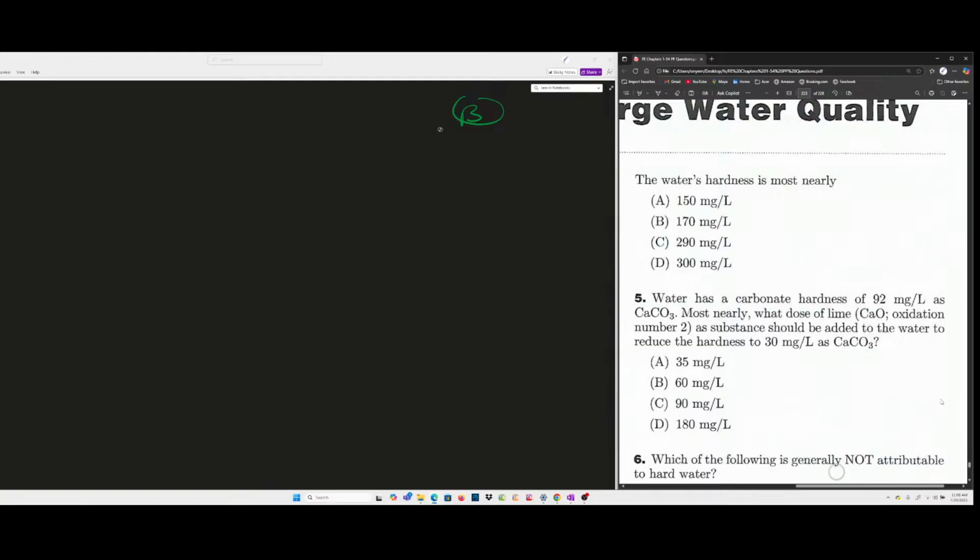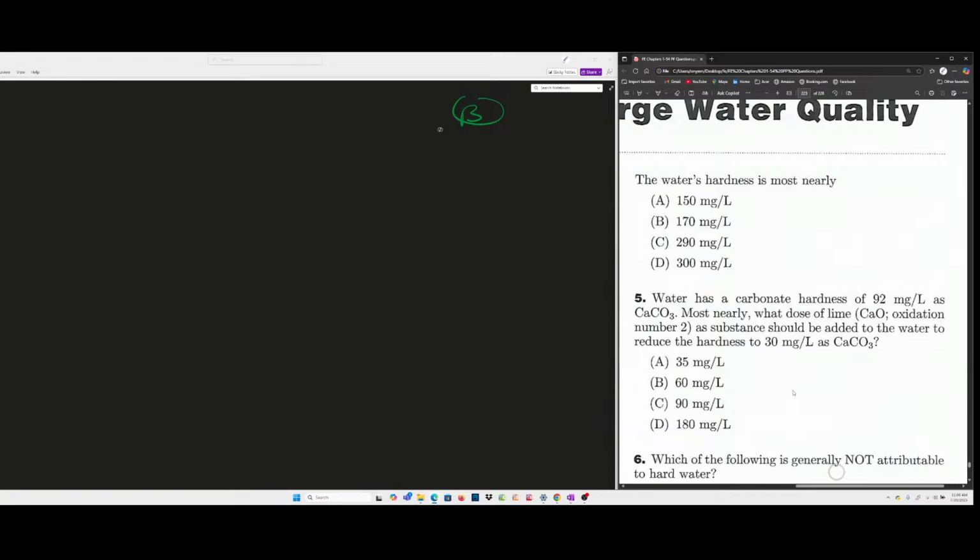Now this is a bit tricky. Sorry, I kind of messed the question up. We're looking at most nearly what dose of lime should be added to reduce the hardness of water. We're not just looking to find the concentration; we're looking at the dose of lime that should be added to reduce it.